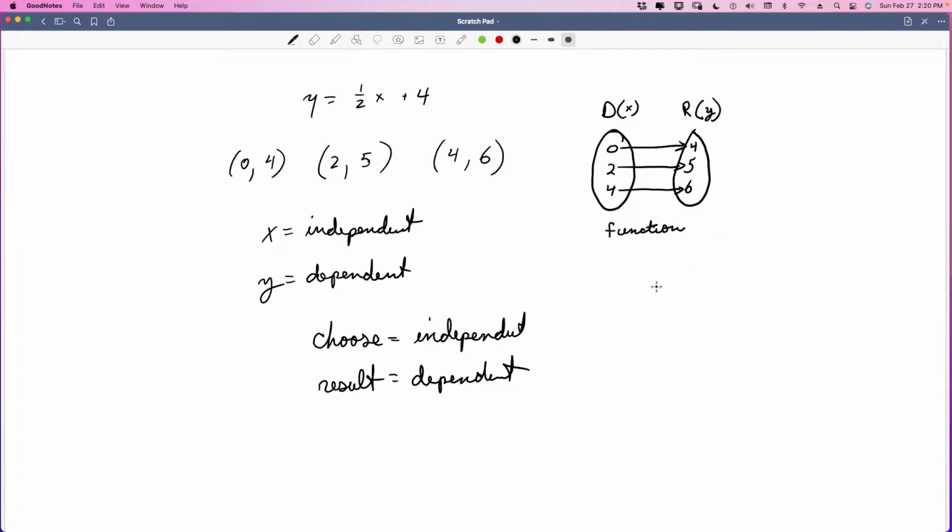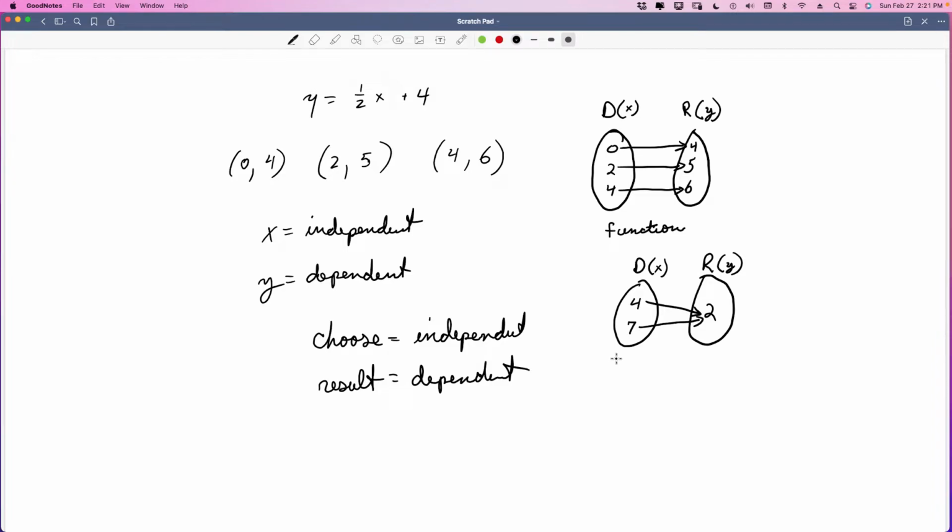Now, what happens if we have a situation like this, where we have 4 and 7 in our domain, our x values, and then we have a value over here, let's say it's 2 in the range, and both the 4 and the 7 have the same y value.